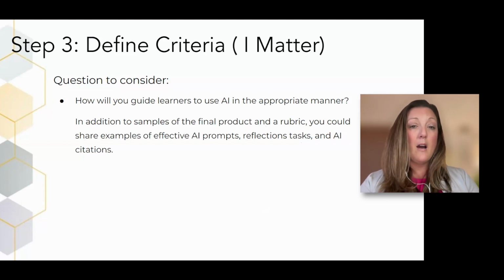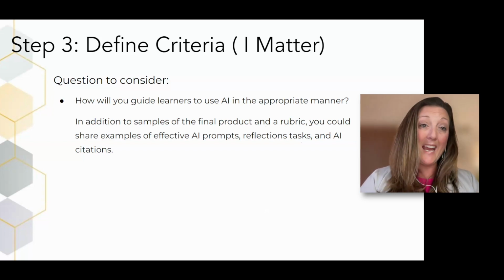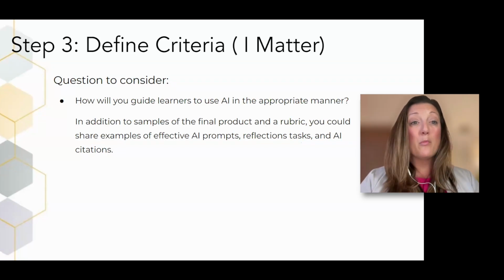But you might want to think about, in addition to providing a model or a sample of the final product or a rubric, you could share examples of effective AI prompts that would help students with the assignment, because we know prompt engineering is so essential.